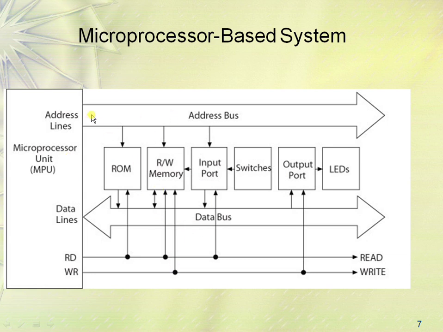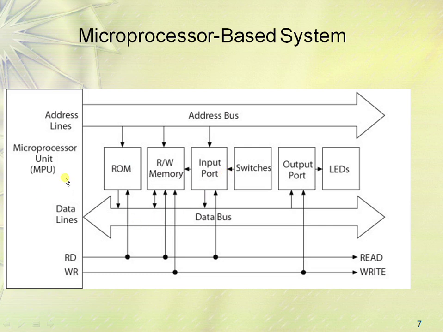As you can see here, there is one address bus which is connected to all the peripherals, but this is a unidirectional bus. It means the processor can only generate the address and send it to the peripherals through this address bus, which is received by all the other peripherals. But the data bus is bidirectional. Why?